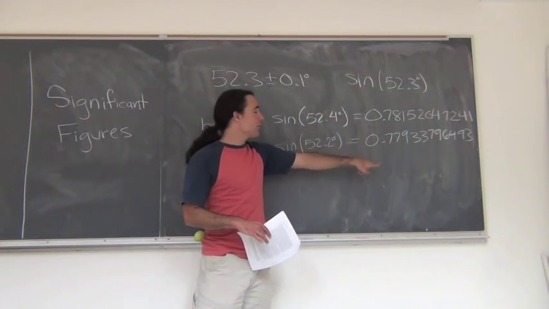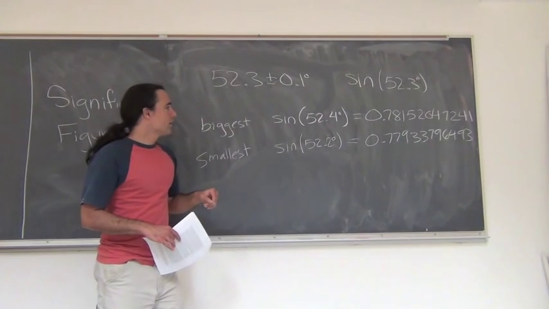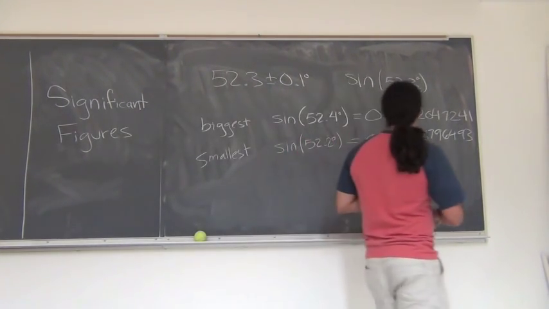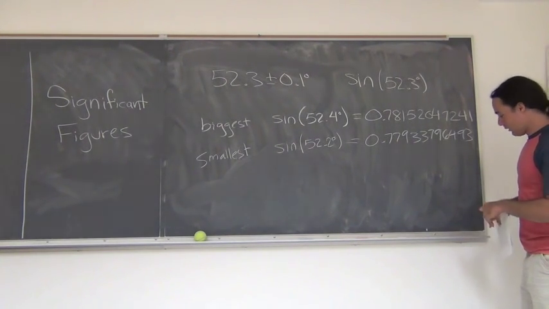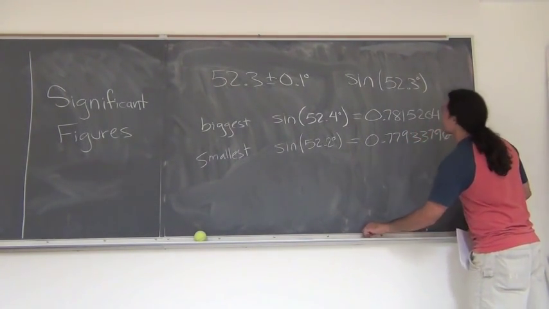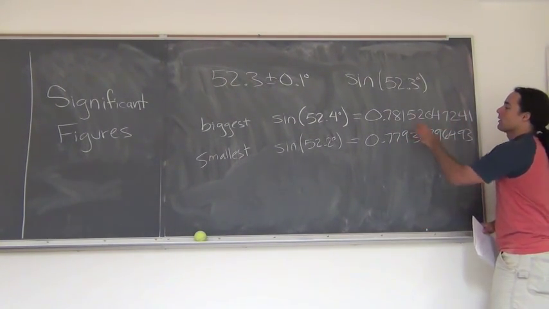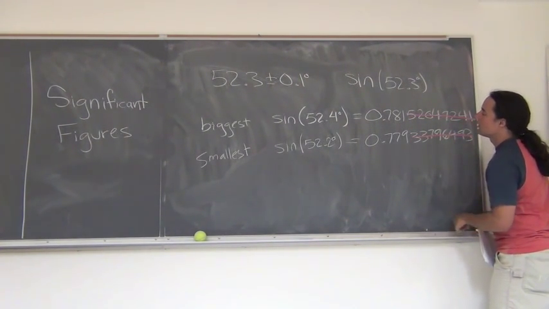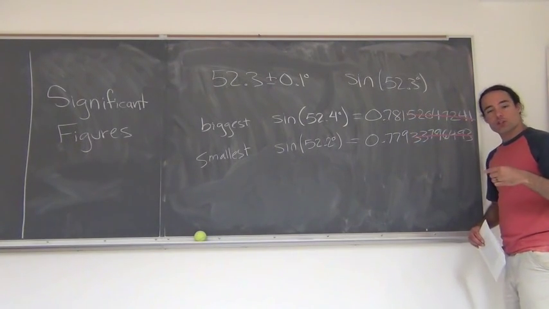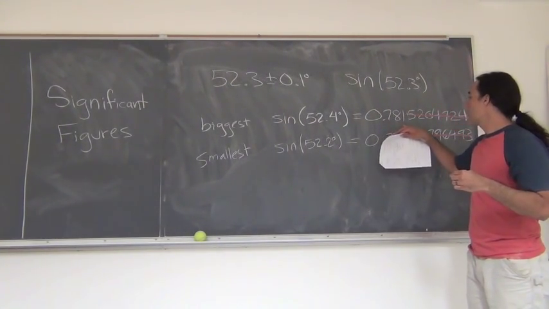The smallest value I can have is that. So let's see. If I take the difference between those two numbers, well, looks like everything out here doesn't really matter. Because this digit is just off by 0.002.